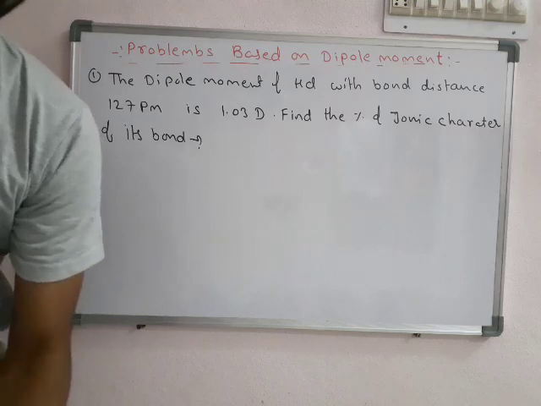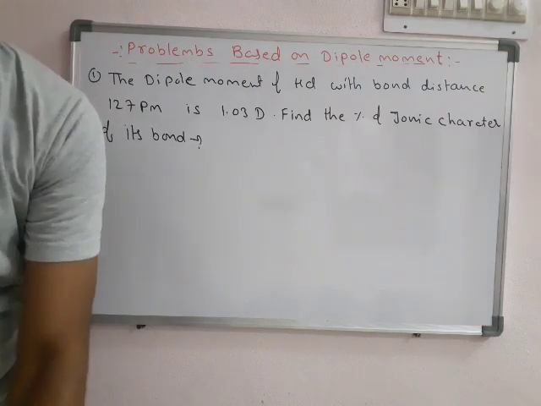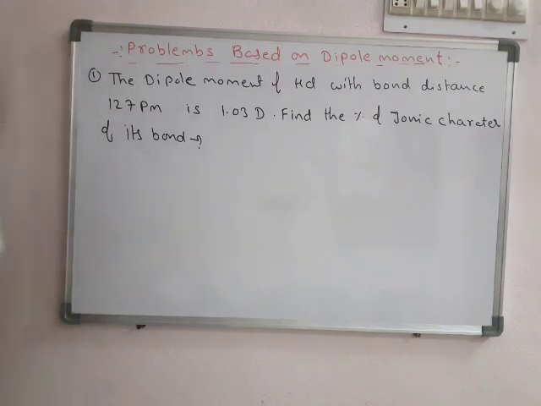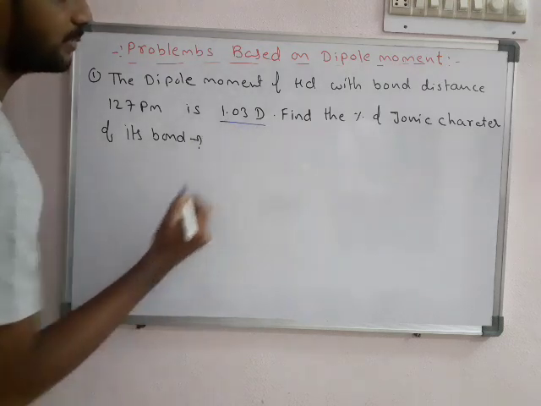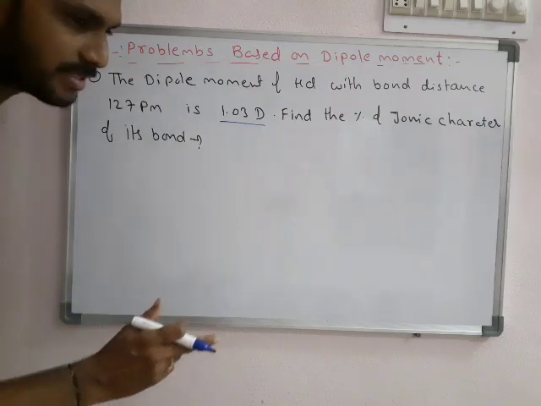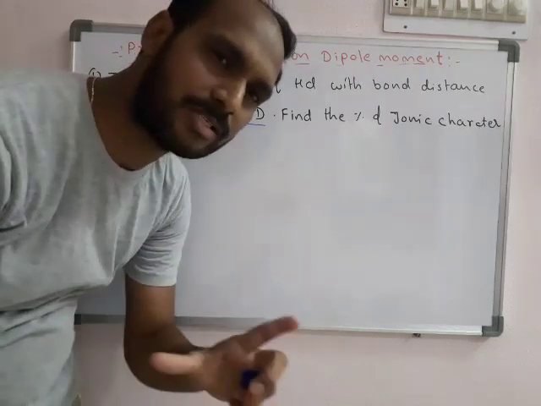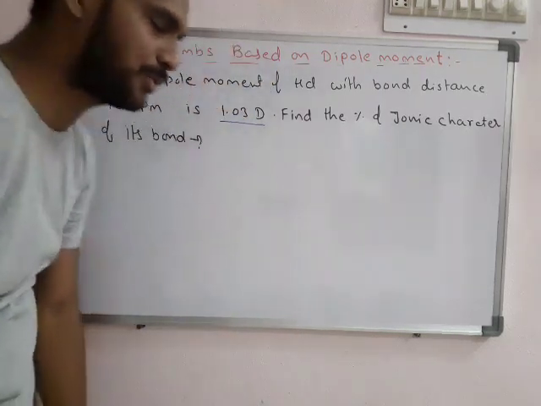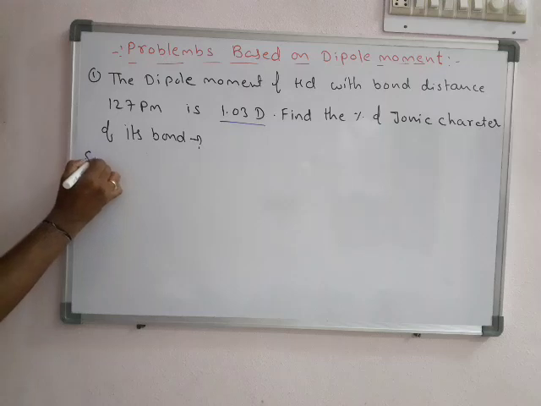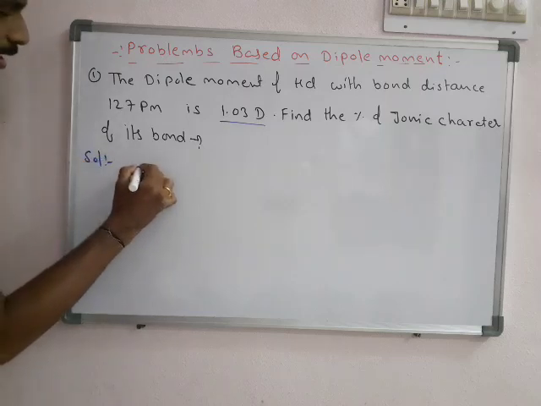Okay, means we need to find out the percentage of ionic character, and we know that formula. So what is the formula for percentage of ionic character? Only one value is given, and the given value is always taken as the experimental value.